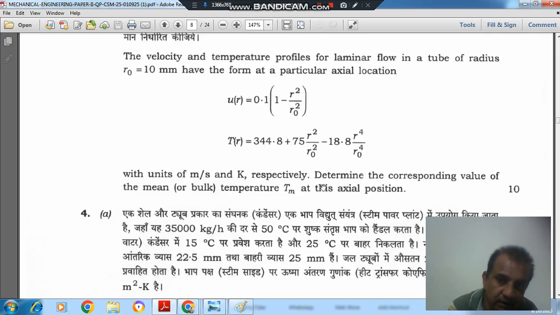Determine the corresponding value of the bulk or mean temperature Tm at the axial position.